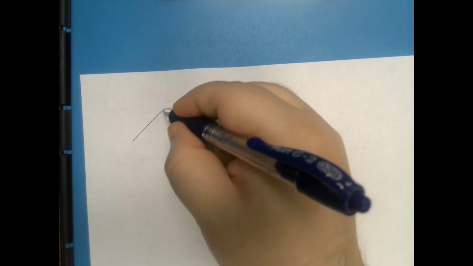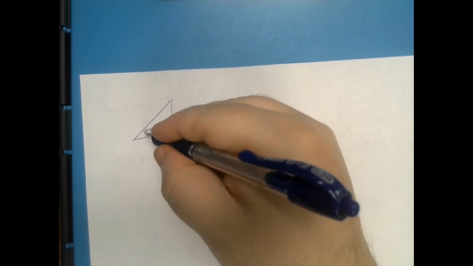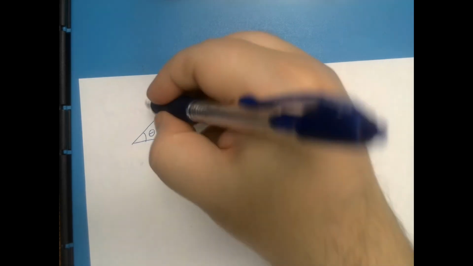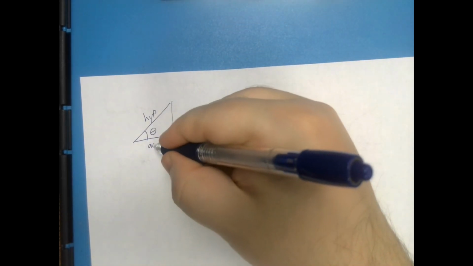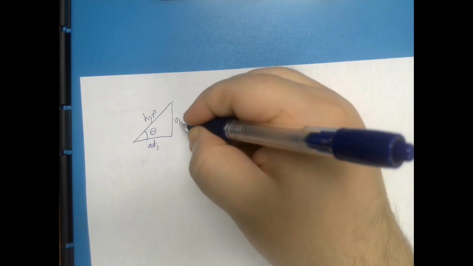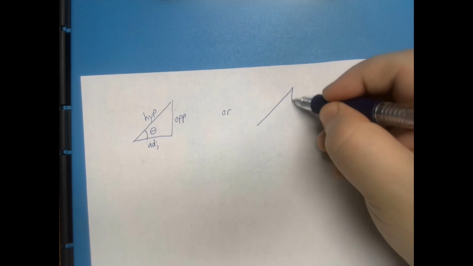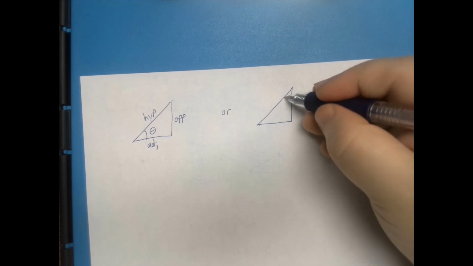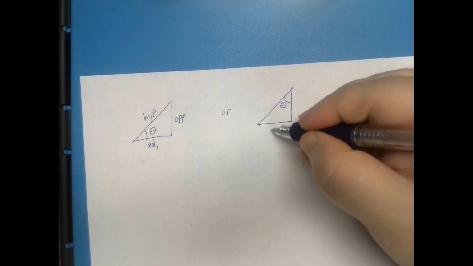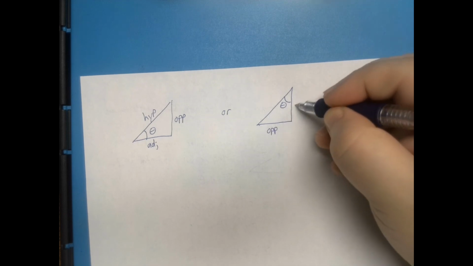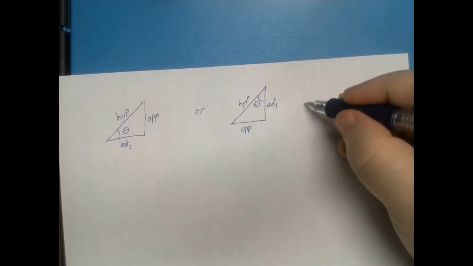So, just to recap, we have hypotenuse, adjacent and opposite, or we can have a triangle where theta is here, in which case this would be opposite, this would be adjacent, this would be hypotenuse.